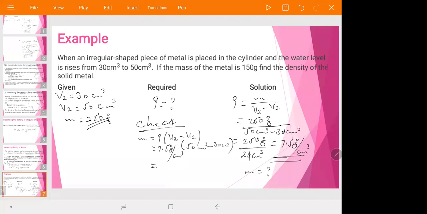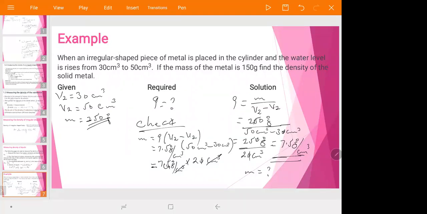Everywhere when you calculate a mathematical expression, you must do the bracket first. So 7.5 gram per centimeter cube times how many centimeter cube? 20. Excellent. Centimeter cube cancelled by centimeter cube. When you cancel this zero, the decimal point comes to the end.